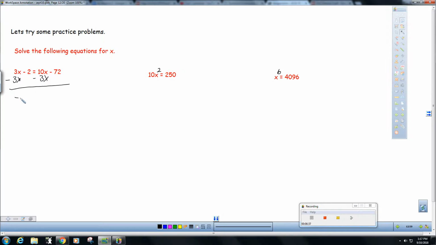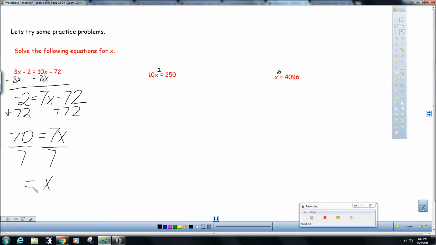That leaves me with negative 2 equals 7x minus 72. Okay, add 72 to both sides. You get 70 is 7x. Divide each side by 7. And you get x equals 10. Let's check our answer. On the left, 30 minus 2 is 28.